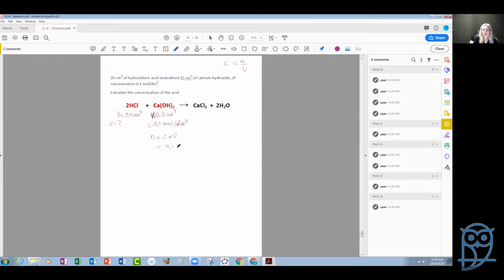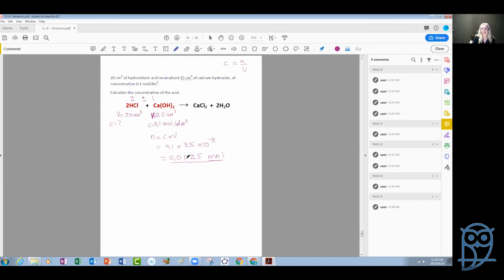Concentration is 0,1 times the volume, which is 25 times 10 to the power of minus 3 decimeters cubed. And according to these calculations of mine, this is 0,0025 moles. Now, the ratio here is 2:1.